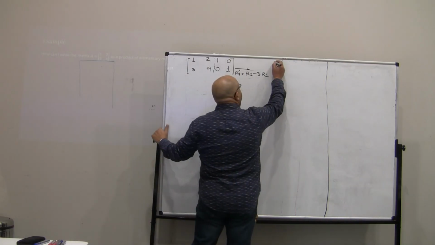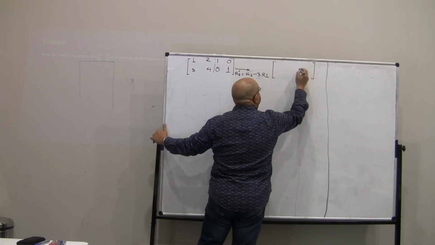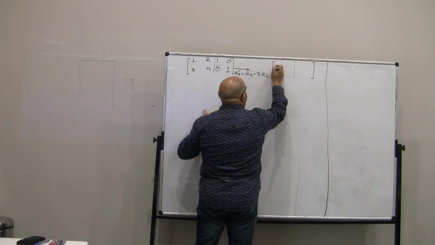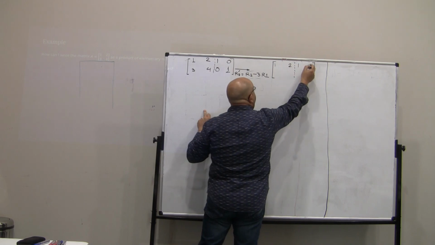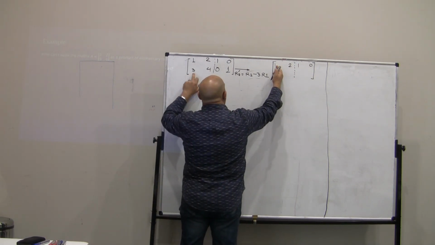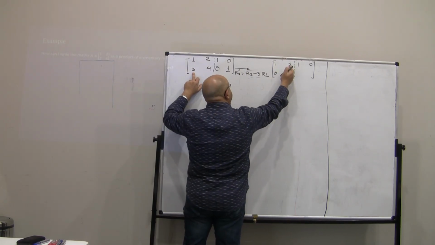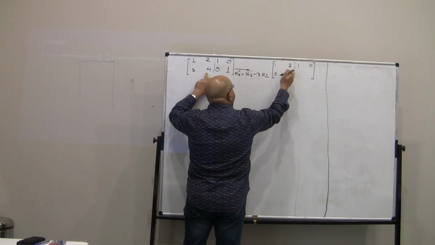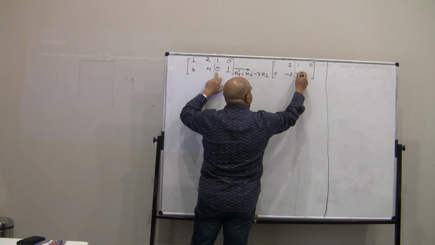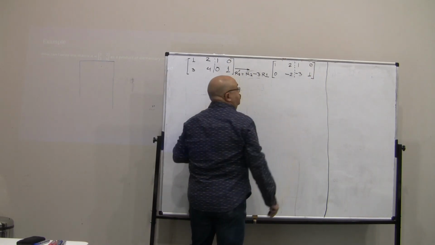Let's do it. If I try to do this, what's going to happen? The first row will stay as it is, so it's 1, 2, 1, and 0. Then I will multiply the first row by -3 and add it to the second row. -3 plus 3, the result will be 0. -3 times 2 is -6, plus 4, so it's -2. -3 plus 0 is -3. -3 times 0 is 0, plus 1, equal to 1.